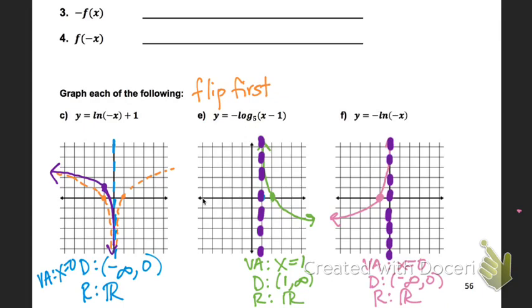So it flips across the y and x. Doesn't E flip the y-axis as well? No, just the x, because it's a positive x on the inside. Oh, okay. I just haven't gotten used to those yet.